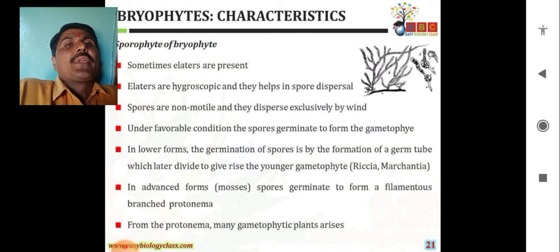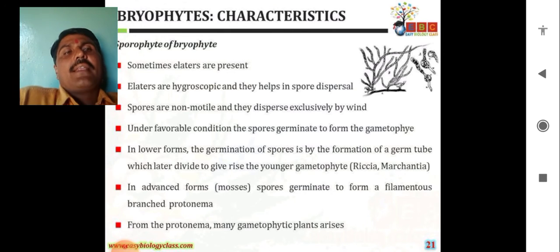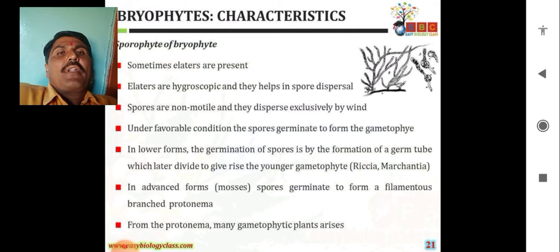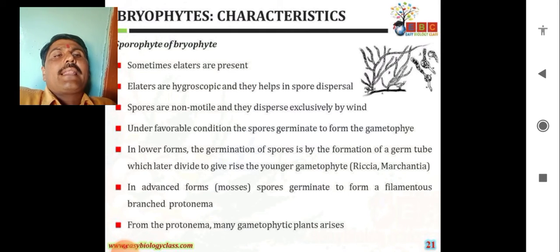Hygroscopic means having the nature of absorbing water, and they help in spore dispersal for reproduction. Spores are non-motile, meaning they cannot move from one place to another, and they disperse particularly via wind.